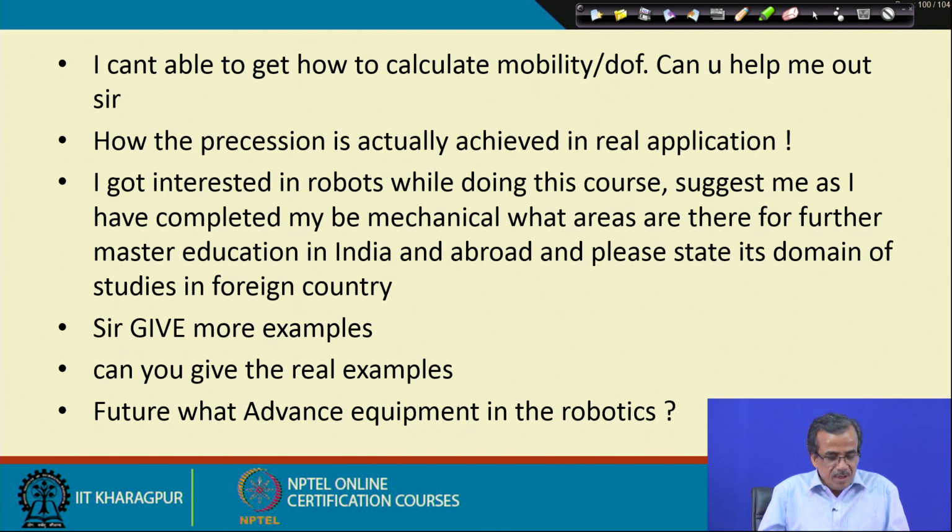Now, what should be the advanced equipment used in robots? I will have to mention that the motors are to be very sophisticated ones, and generally we use some sort of servo control robots. The sensors and cameras which we are going to use should have very advanced specifications.